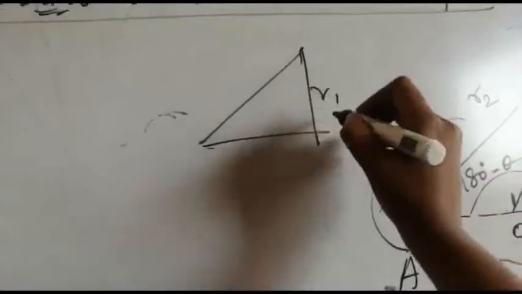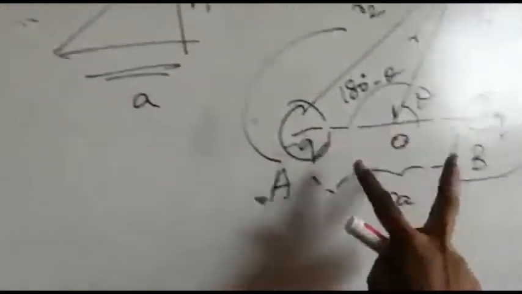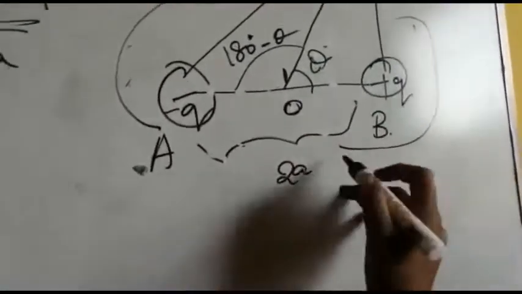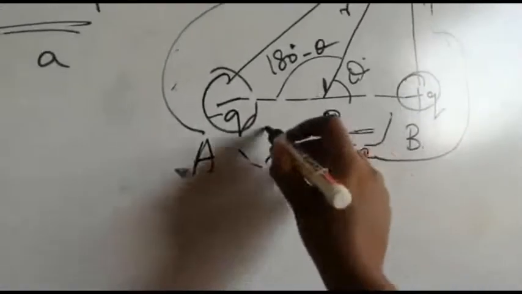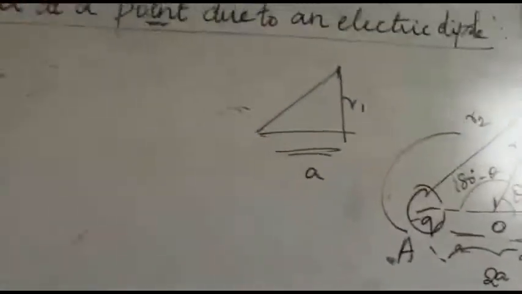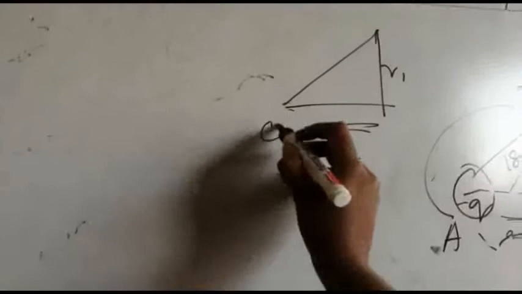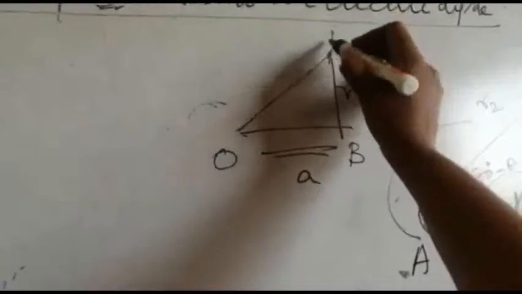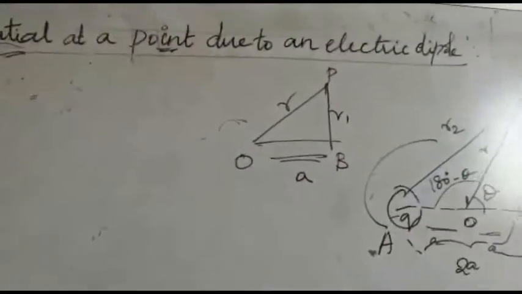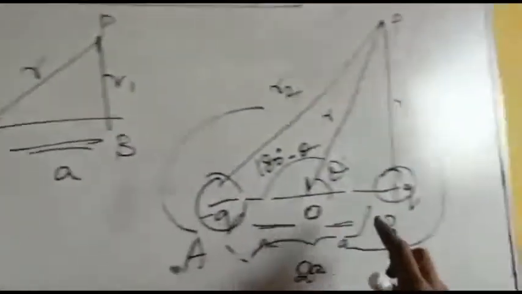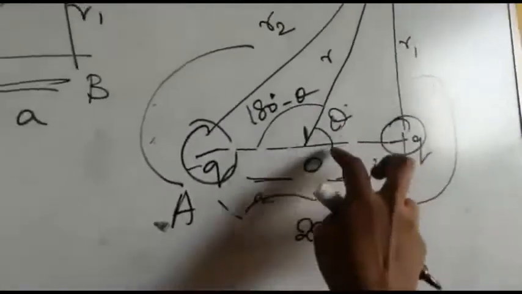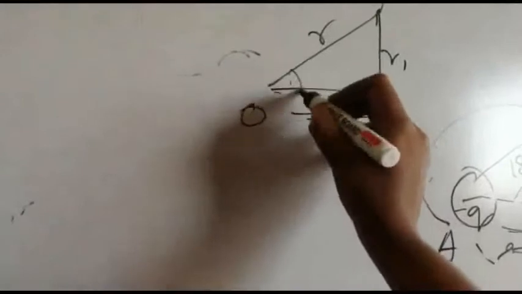This distance is A, as this whole distance is 2A, so OB is A and OA is A. In triangle OBP, this distance is R, and the angle at O is theta.